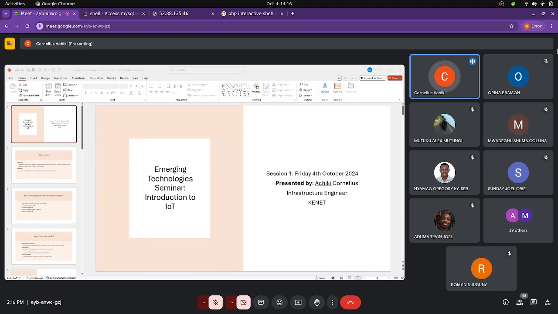So basically, it's a network of connected devices or things that are integrated with sensors and have some software in it. And finally, that needs connectivity so that they're able to connect to the internet, so that you're able to collect data and do the rest of analysis of the data or whatever we want to do. So hence the name Internet of Things.